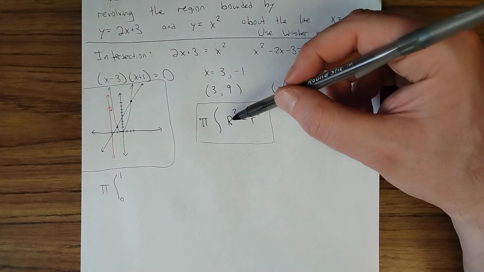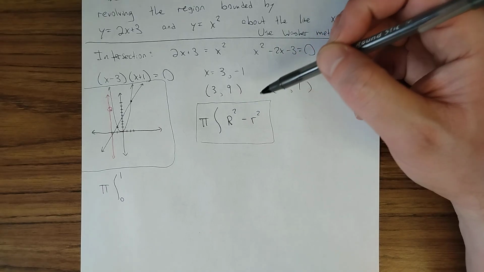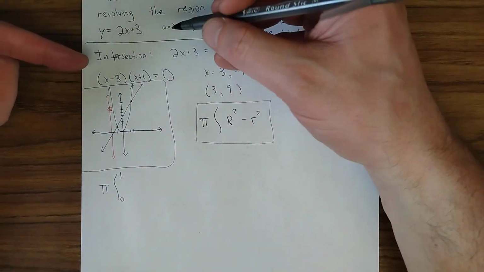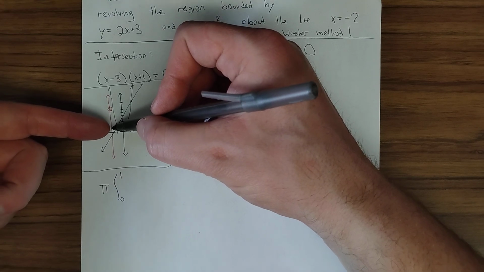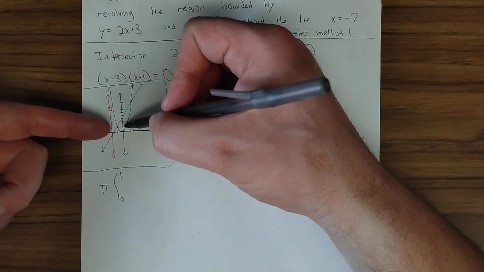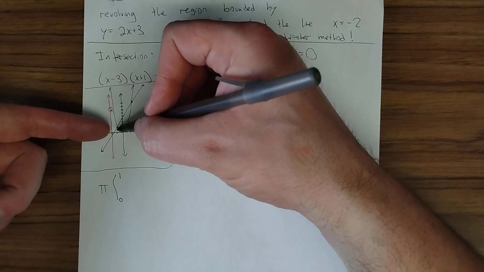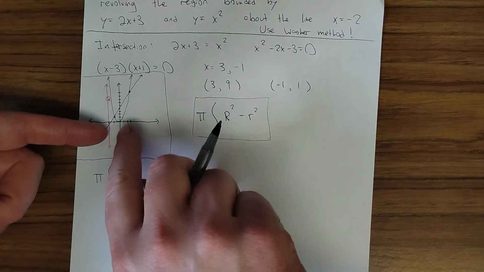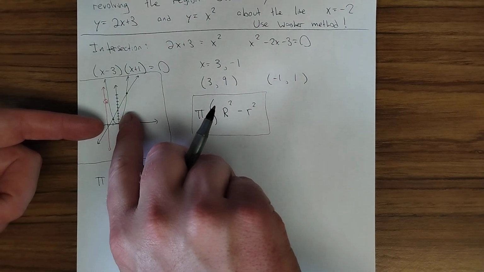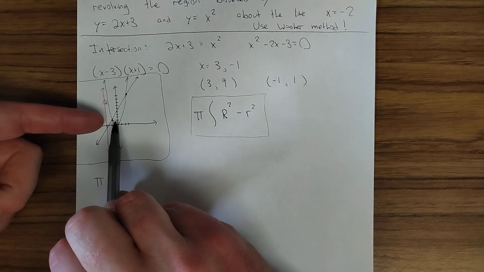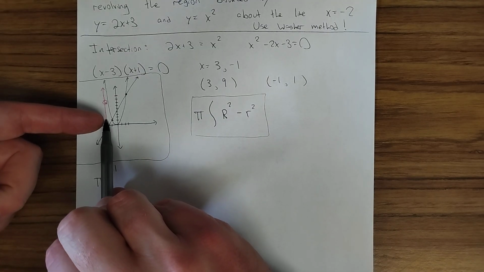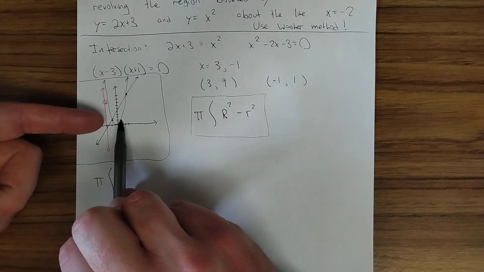Now, I want to do big R squared minus little r squared. Big R is the distance from the axis of revolution to the far end of my slice, like I'm imagining a horizontal slice. So the far end is the right side. So this is a horizontal distance. It's the distance from x equals -2 to whatever this x coordinate is.